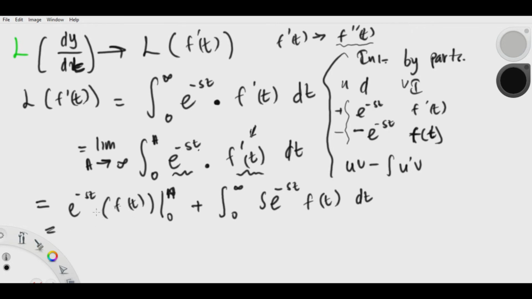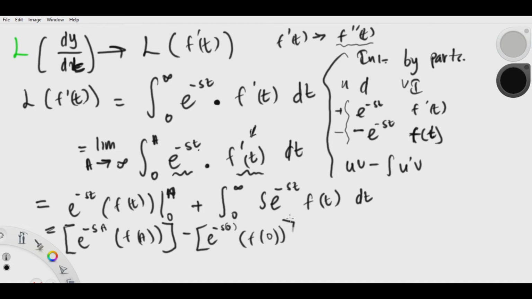Okay, so if I then plug in everything, so the first bracket here will be e minus s a, bracket f of a, close the bracket, minus e minus s 0, f of 0, plus, okay, so what I'm going to do is, well, s is just a constant, so I'm going to bring it back out.